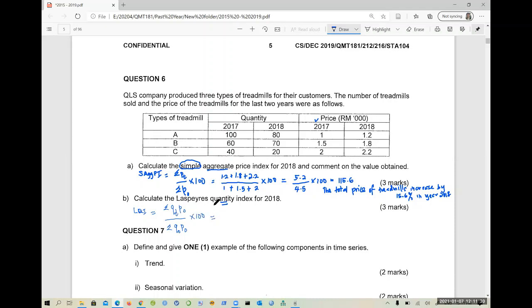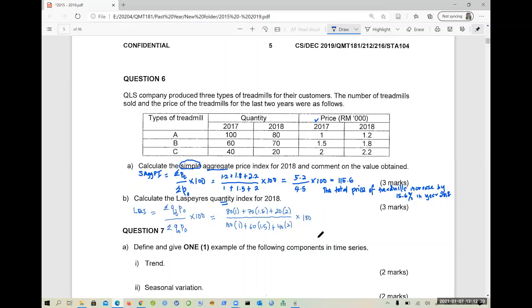So Qt is 80 and P0 is 1, so 80 times 1 plus 70 times 1.5 plus 20 times 2, and then the whole thing divided by the quantity for 2017: 100 times 1 plus 60 times 1.5 plus 40 times 2, and then multiply by 100.